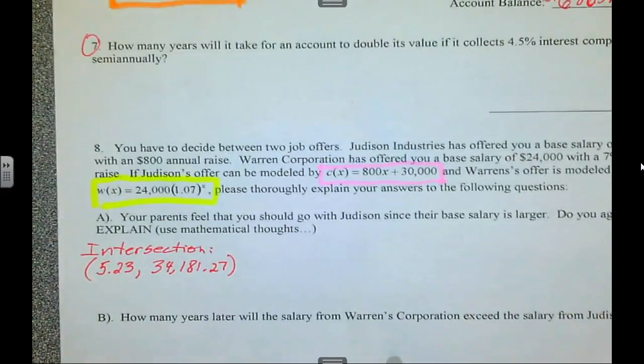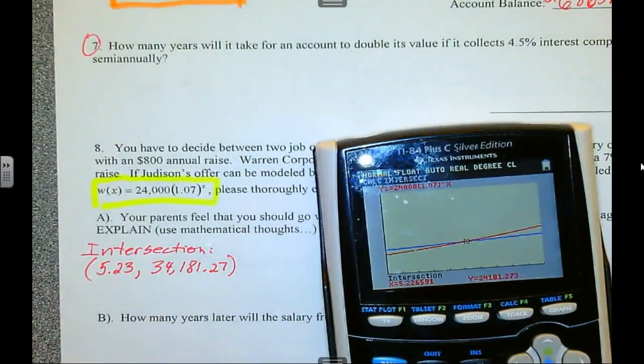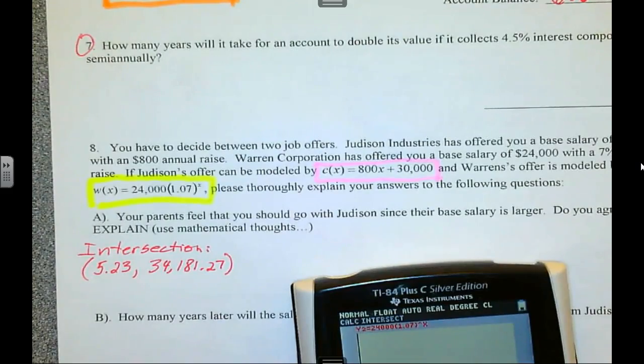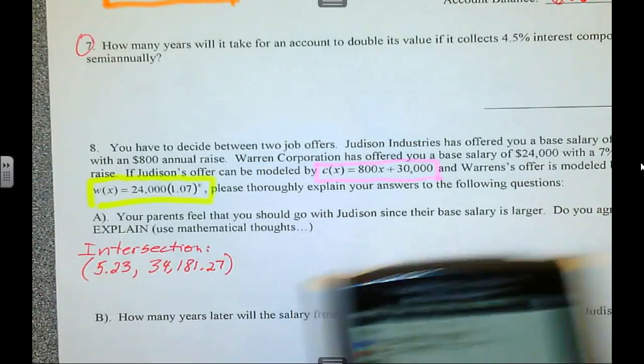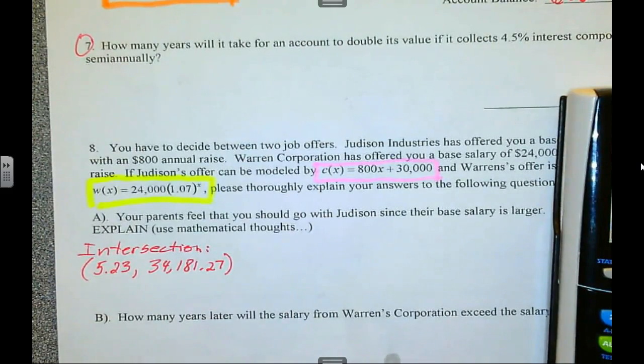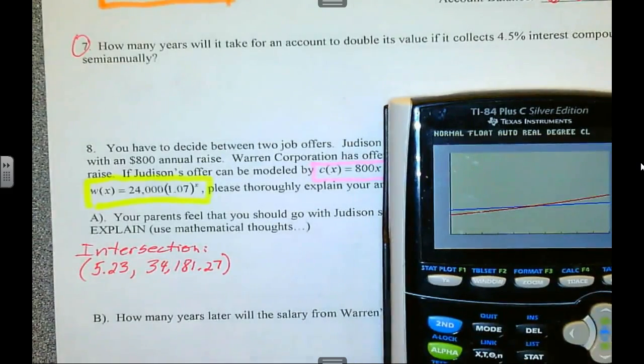Okay, also, just one more thing I want off my calculator. Now the red one is my, which one? This is my y2, isn't it? Exponential. So my red one is the one that's going up exponentially.